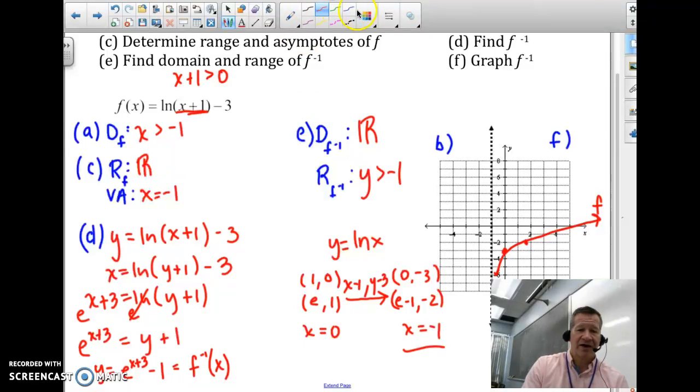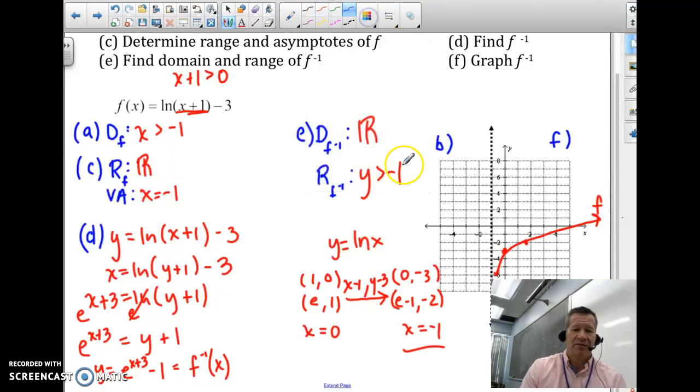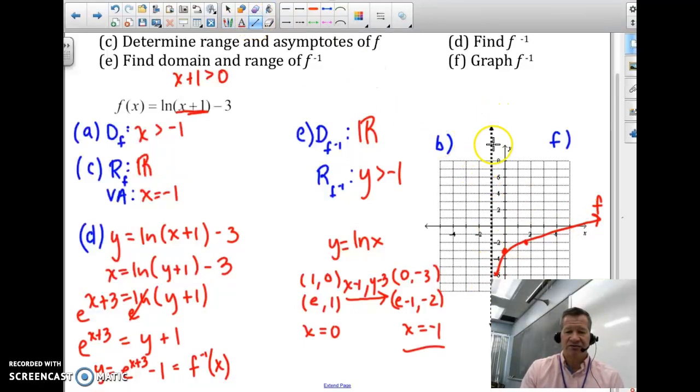Now, last part, graphing it, I'm going to use a different color for that so we don't confuse the two. But graphing it, I don't need to do transformations or anything because it's just going to be the inverse of this graph. Switch x and y, right? So whereas this had an asymptote at x equals -1, f inverse is going to have an asymptote at y equals -1.